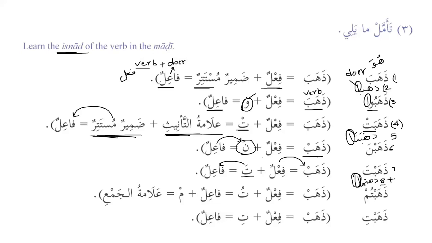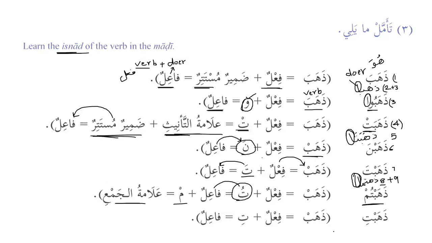And here this is number 1, and 2 plus 3, and this is 8, 9, and then we have dhahabtum, antum dhahabtum. Here ta is the doer, and meem is alamatul jama', which is used for all. So dhahabtum, you all went.